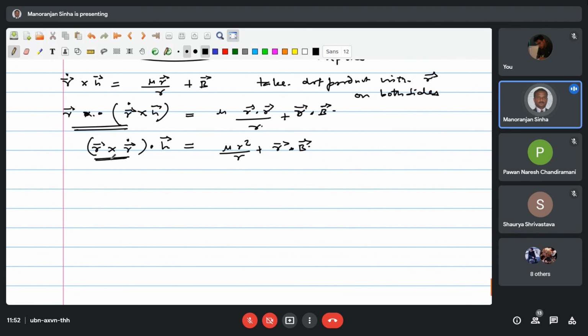This is nothing but your quantity h, so this becomes h square. Divide both sides by mu. So h dot h equals h square.